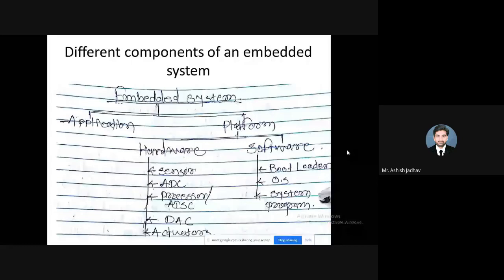I told you the different components of IoT. What are the different components of IoT? First one is embedded system. Then second one, can someone tell me what the answer is?